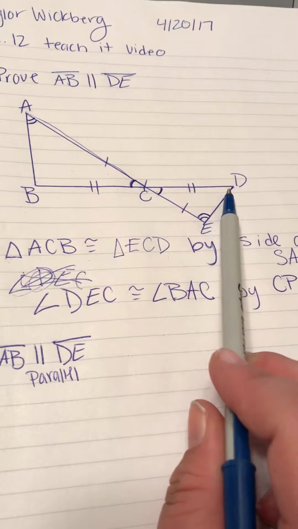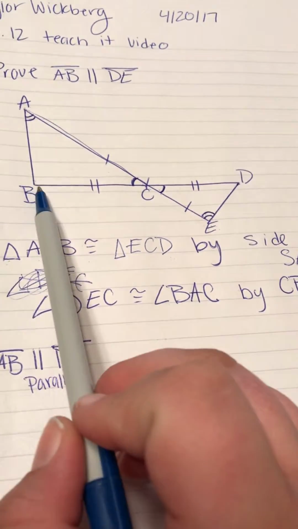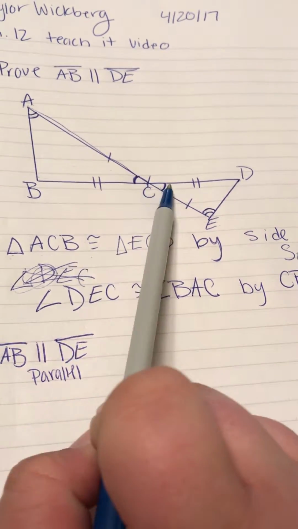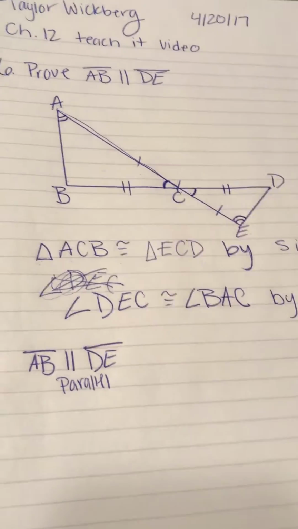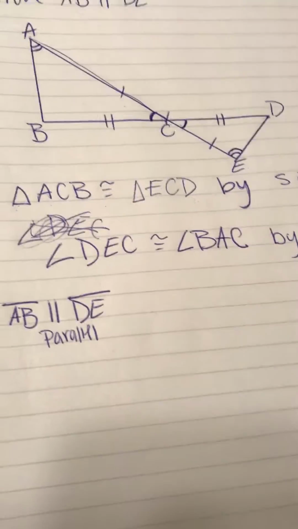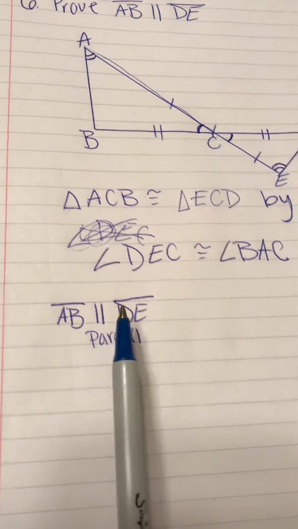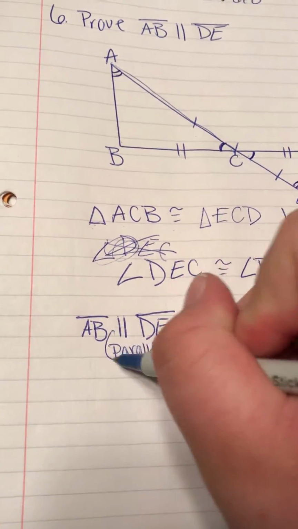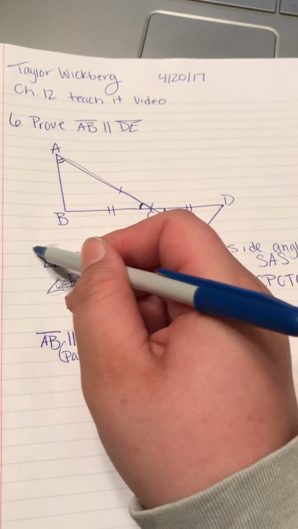And that angle DEC is congruent to BAC by corresponding parts of congruent triangles that are congruent. So yes, we did prove that line AB is parallel to DE by this right here.